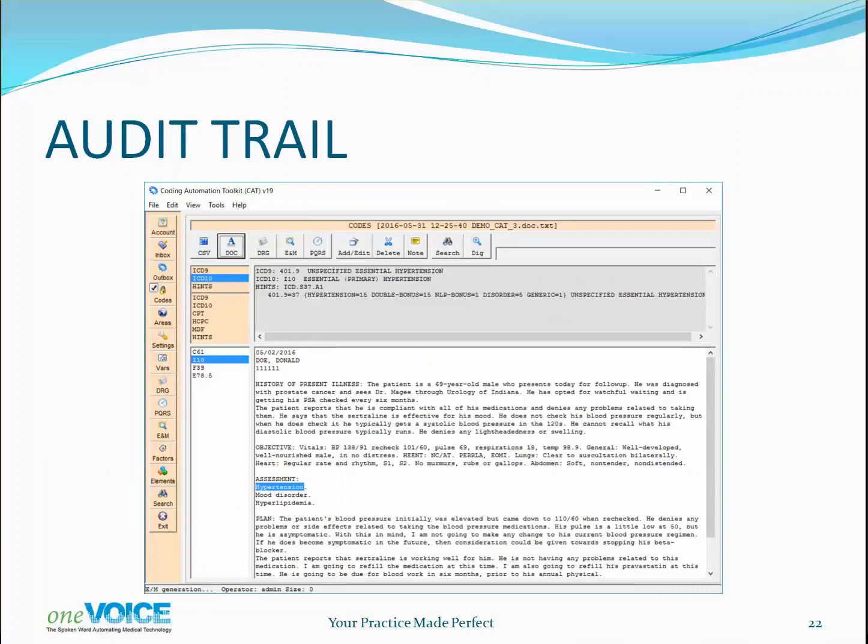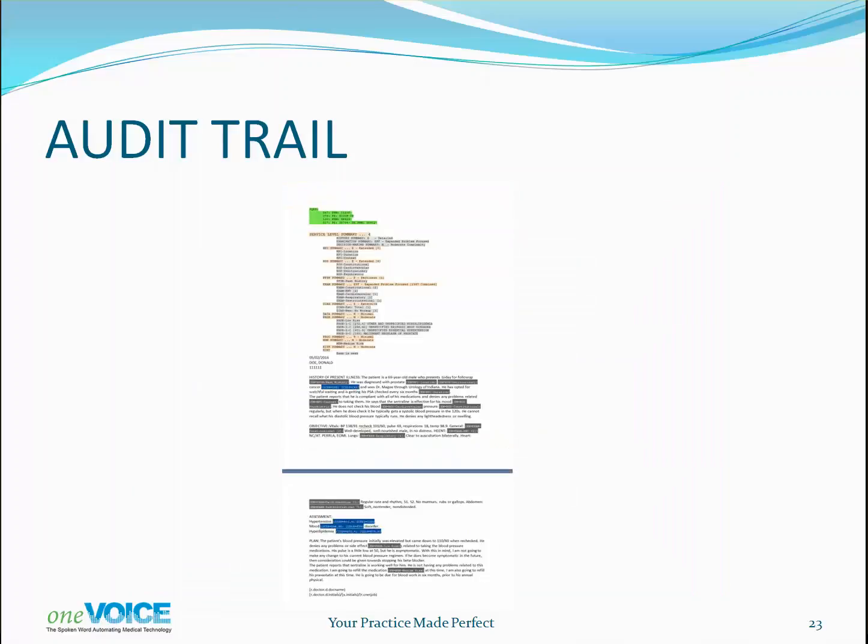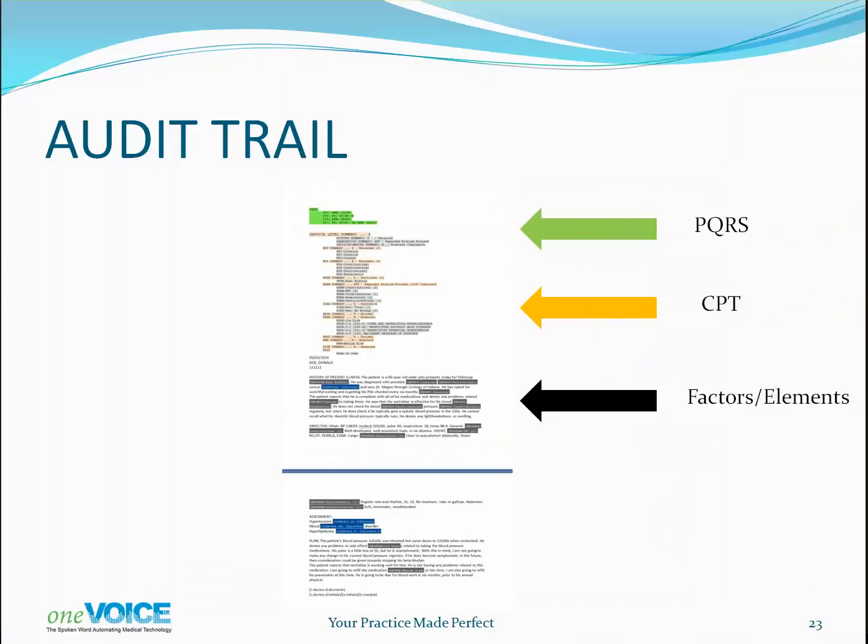The audit trail. You can see this button over here that says Doc. If you click on Doc, it gives you a document. And that document now has everything that we've processed. It has the PQRS. This is the CPT. And within the document itself, in the black, it'll show you all the factors and elements. I'm sorry it's so small. I wanted to get the whole thing in here.